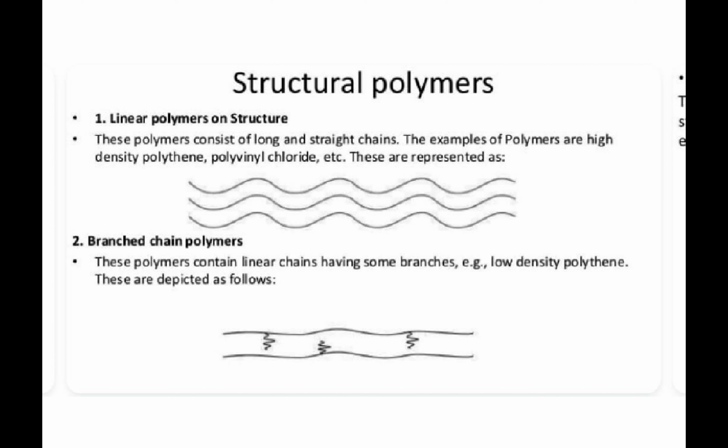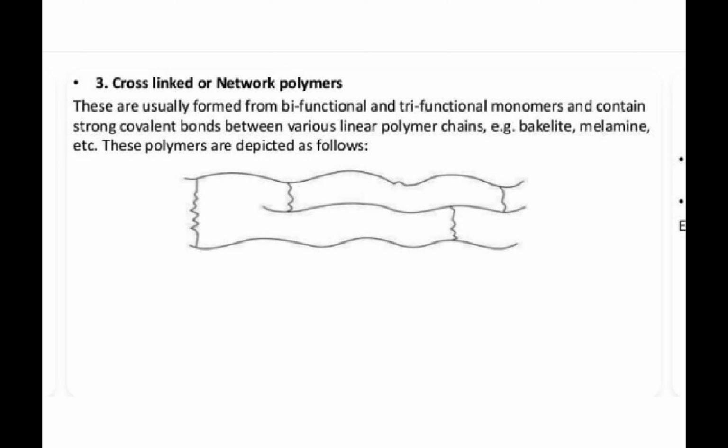Then branched chain polymers, which have linear chains with some branches like low density polythene, and which is shown in the figure below. Now, next we have cross-linked or network polymers. So, usually formed by bifunctional or trifunctional monomers, and they contain covalent bonds which are very strong between different polymer chains like bakelite, melamine, etc. And you can see how they are formed in the figure.